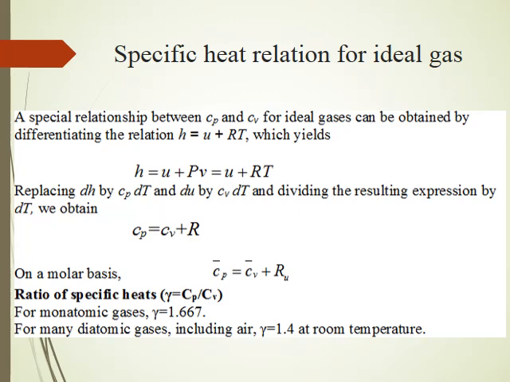Now the ratio of specific heats, gamma, has a value of about 1.667 for monoatomic gases, and for diatomic gases, most of them bear the value of gamma equal to 1.4 at room temperature, for example air.